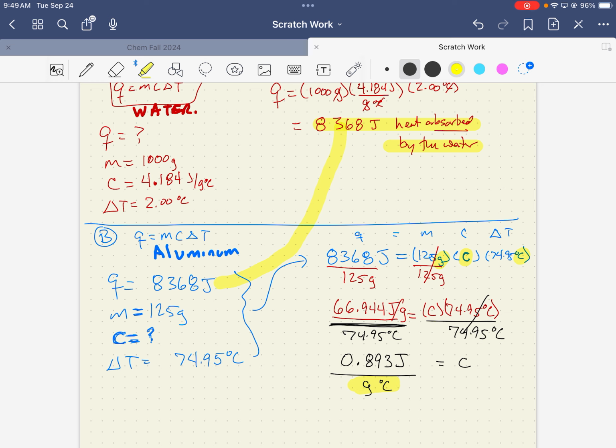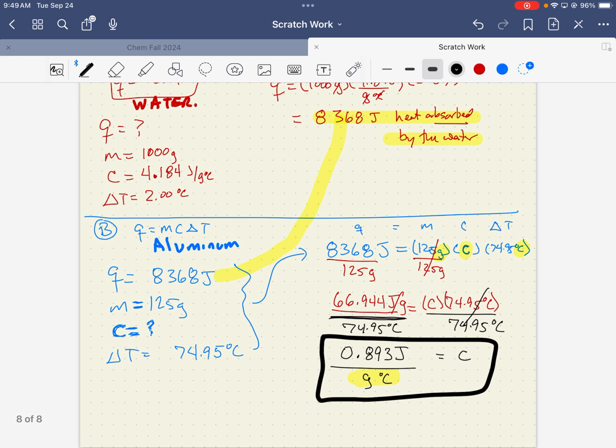Okay, so this is my final answer. This becomes the specific heat of my aluminum. So I could say that the specific heat of the aluminum is 0.893 joules per gram per degree Celsius.